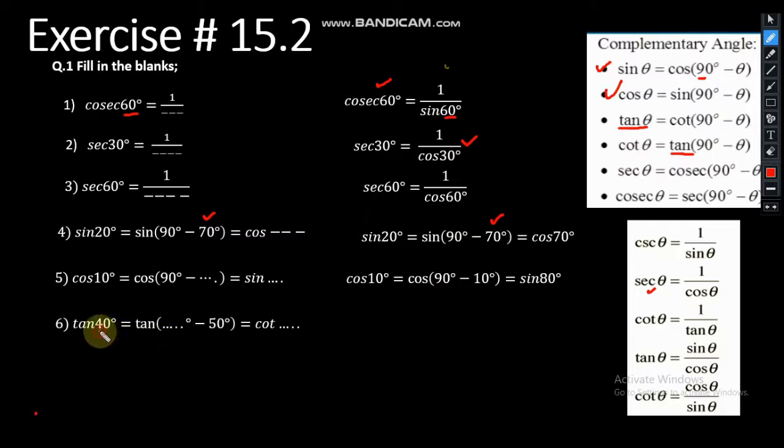Theta here is actually 40 degree. When we subtract 50 from 90, it is equal to 40. So here we use this formula. Now next question.